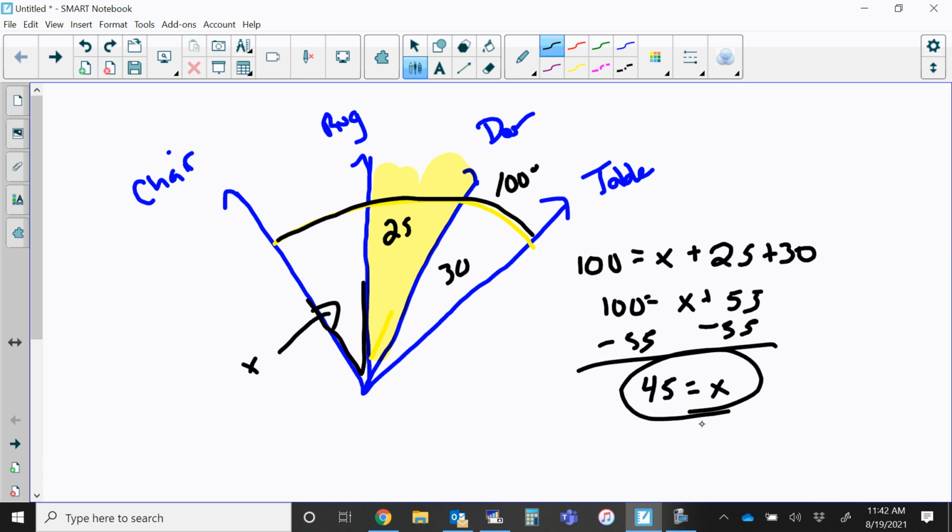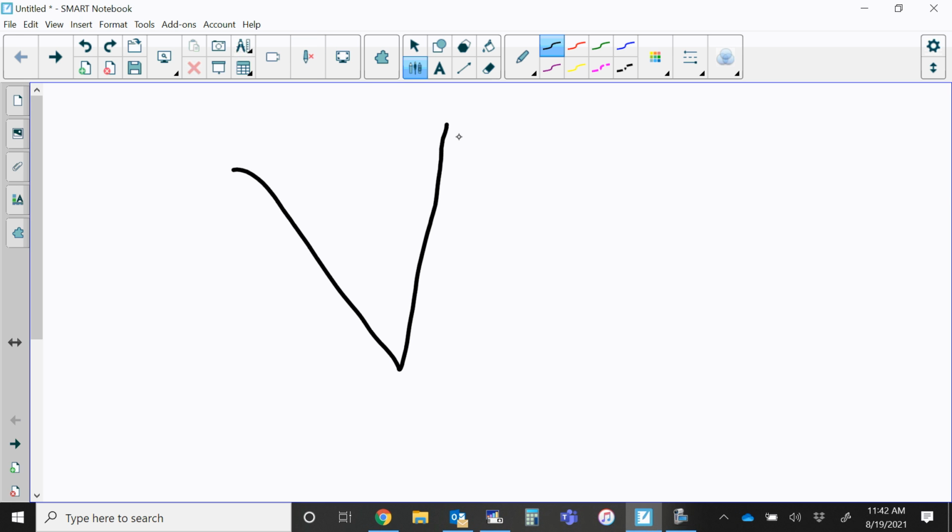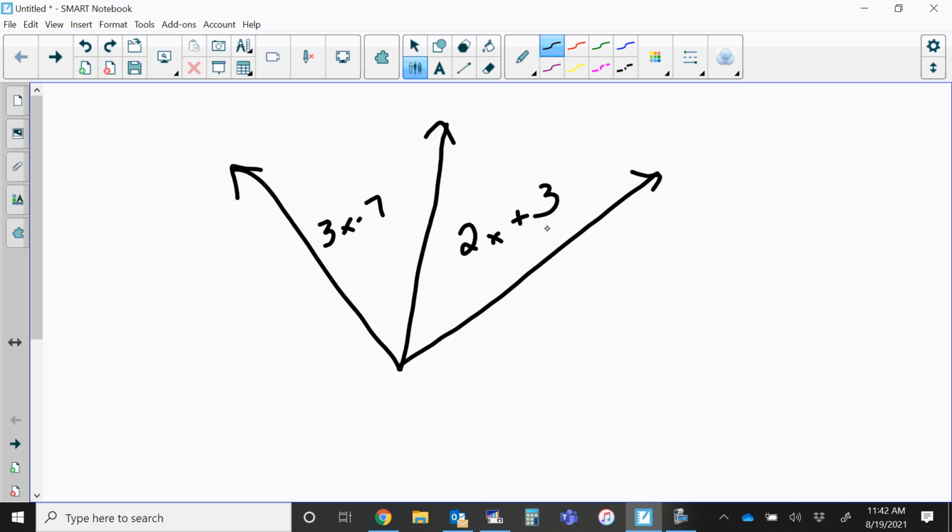What did I show you yesterday? Are you always going to use this the same exact way? No, but is the idea or concept the same? So they could give you something like this. This is 3x minus 7. This is 2x plus 3. And they could say this whole thing is 75 degrees.